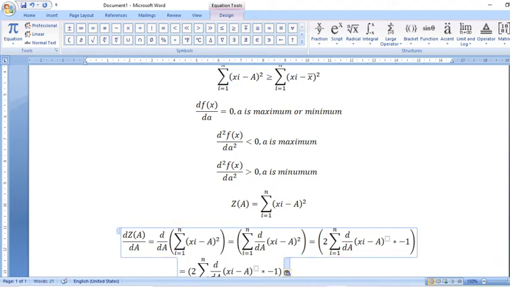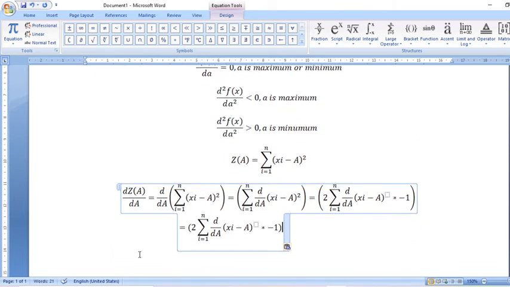So what will be the result? Minus 2 times the summation.